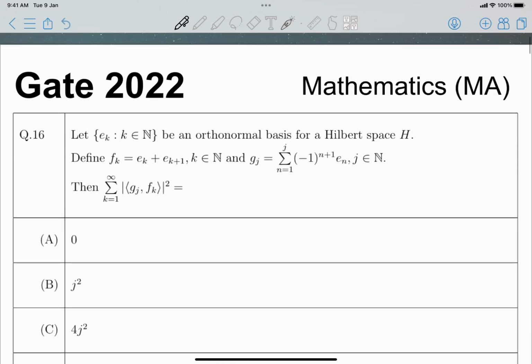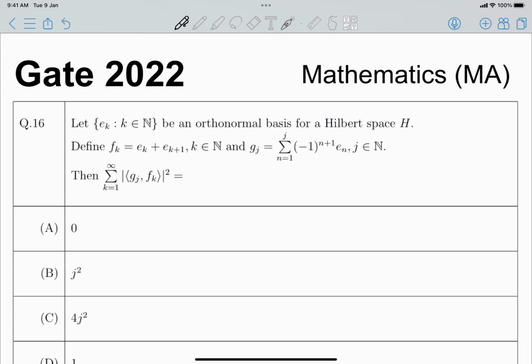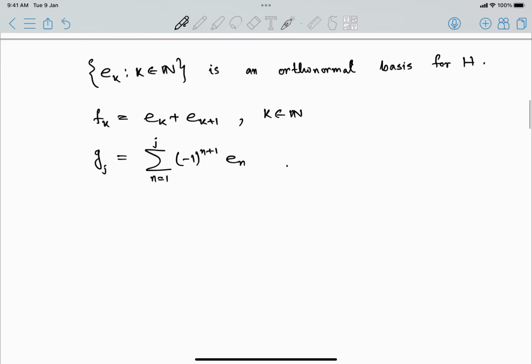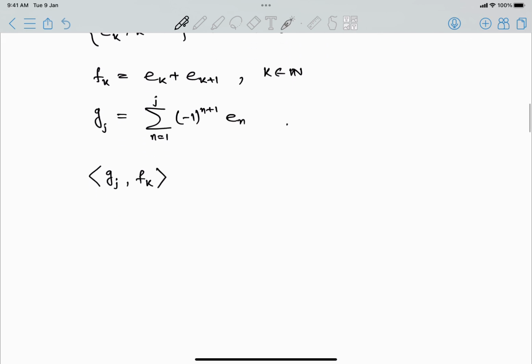I have to find the inner product of g_j with f_k first, then we have to find the sum. So let's find g_j inner product f_k. g_j is basically the sum n equals 1 to j of (-1)^{n+1} e_n, and f_k is e_k plus e_{k+1}.